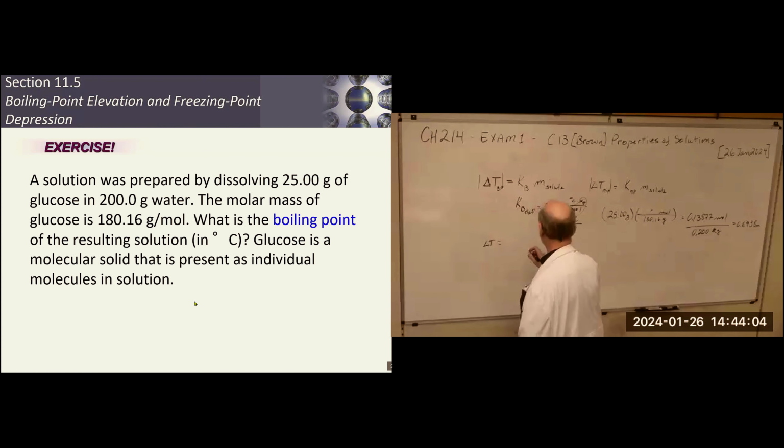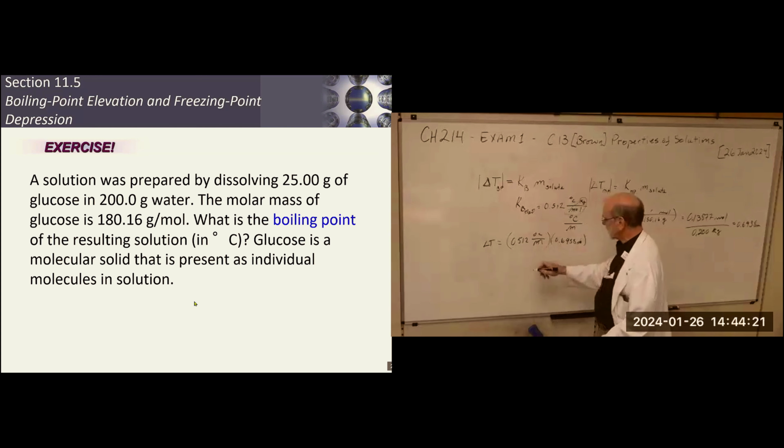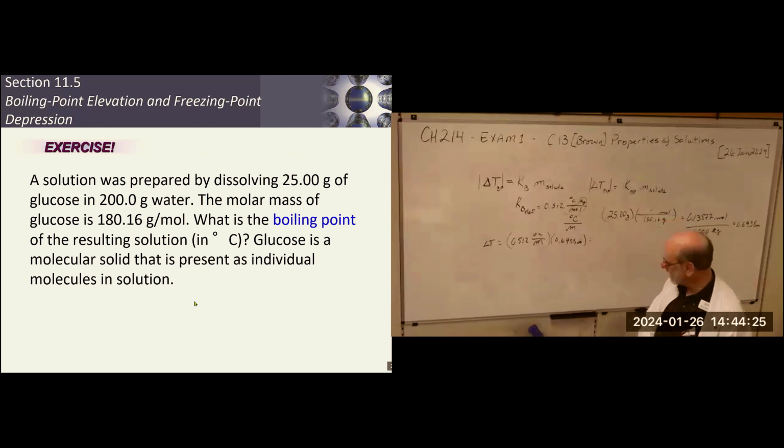The delta T then is equal to 0.512 degrees C per molal times 0.6938 molal. So the molals cancel, and we have our temperature difference there.